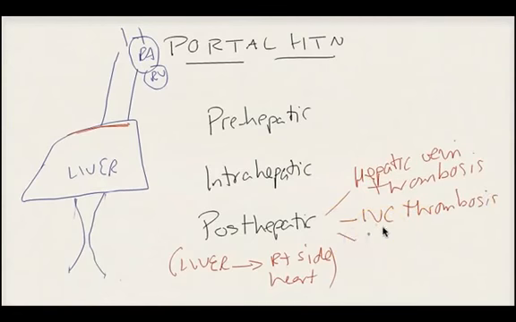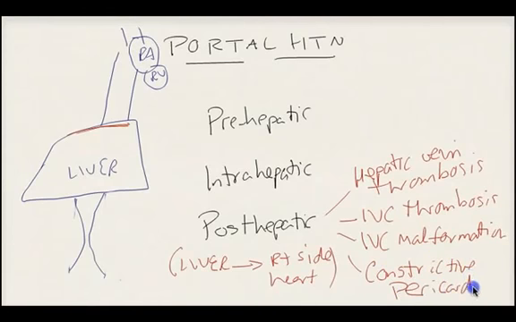You may have a congenital malformation of your inferior vena cava, or some sort of constrictive disease of the heart, so any type of constrictive pericarditis. Okay, so as long as you know your basic pathology, you can determine possible causes for each one of these, whether we're talking pre, intra, or posthepatic causes for portal hypertension.